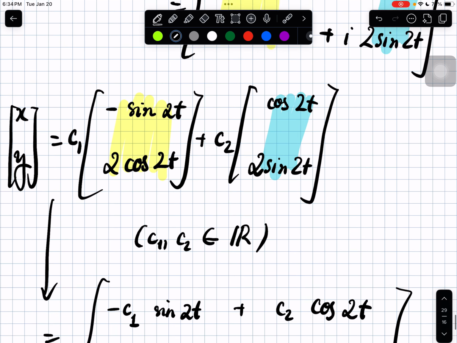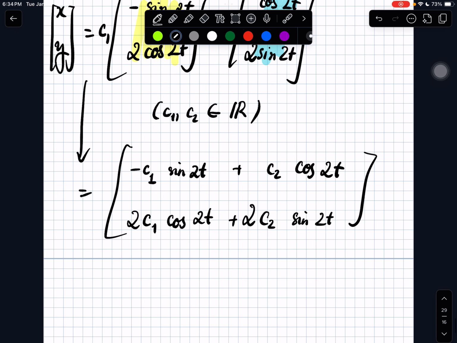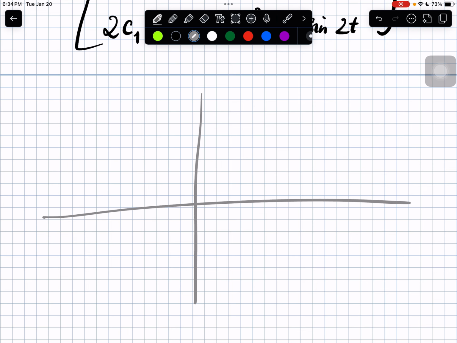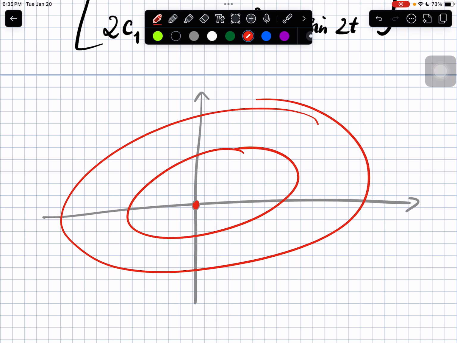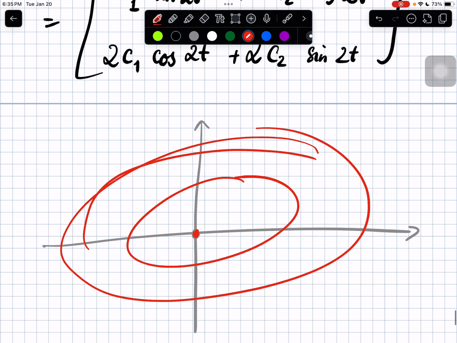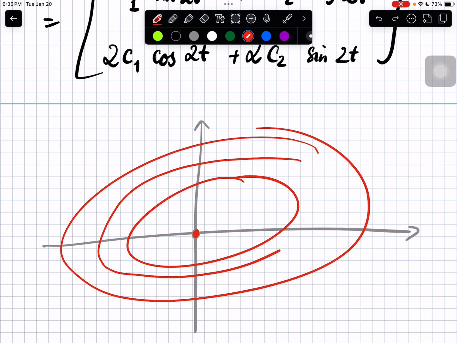This is the general solution, where c1, c2 are chosen arbitrarily as real numbers. The solution could be an ellipse. This is the origin. The other one, the ellipse should look, let's say, like this. The ellipse rotates about this origin.